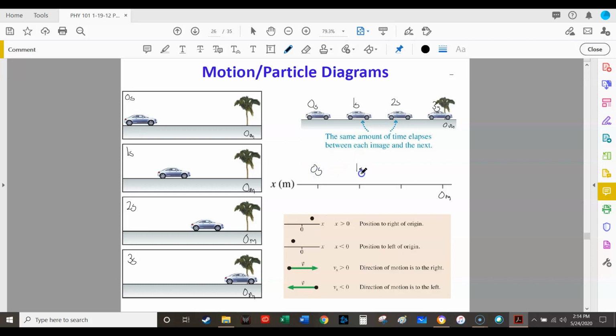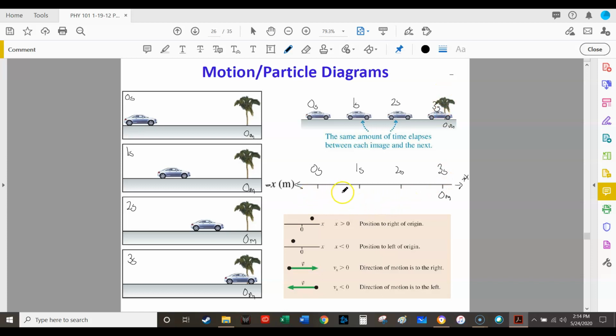So this is 0 seconds, 1 second, 2 seconds, 3 seconds. The positions are going to be relative to this, and usually to the left is the negative x direction, and to the right is the positive x direction. So we're at the 0 meter mark, where you're the stationary observer, right next to this palm tree.